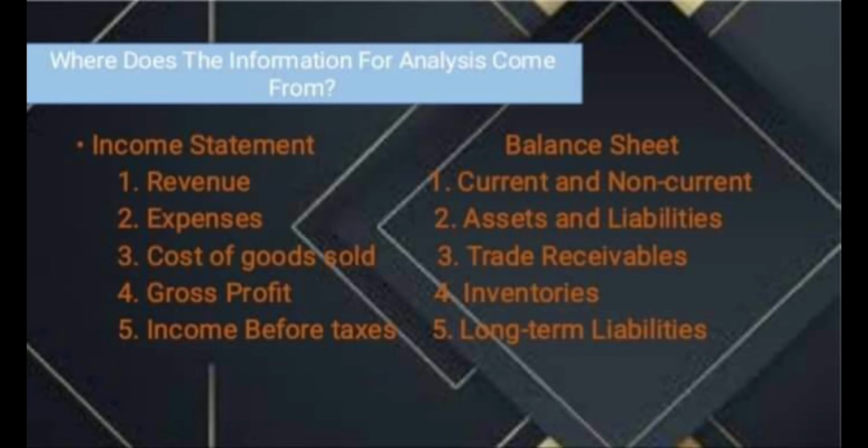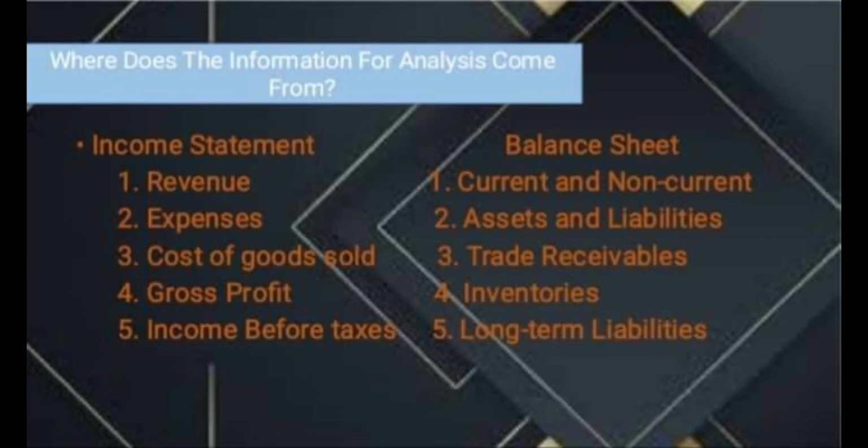And number 3 is trade receivables, also referred to as accounts receivable, which are amounts owed to a company by its customers for products and services already delivered. And inventories are physical products that will eventually be sold to the company's customers, either in their current form or as inputs into a process to manufacture a final product.